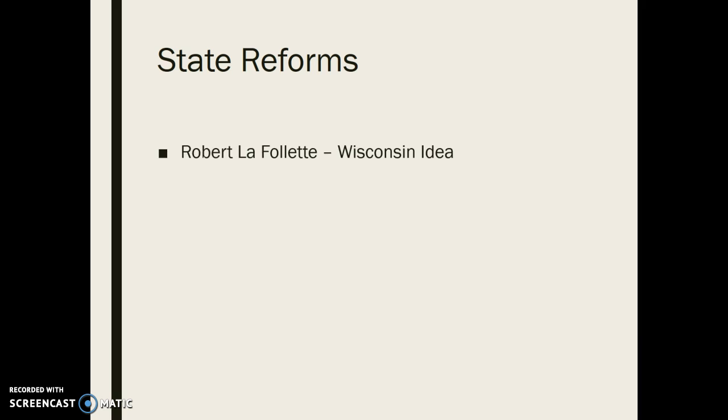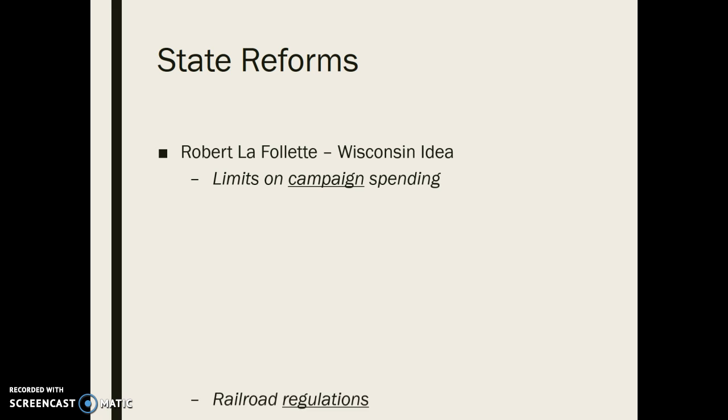In terms of state reforms, probably one of the most famous state reformers is a guy named Robert La Follette from Wisconsin that preached his Wisconsin idea throughout the country. Among other things, a limit on campaign spending, so it's not just the wealthy that dominate political campaigns, and railroad regulations to be fairer to farmers.